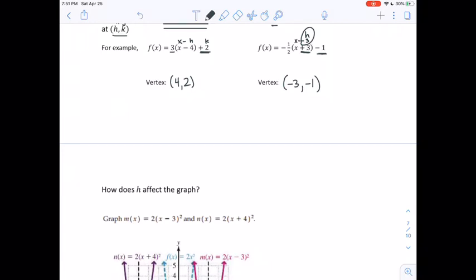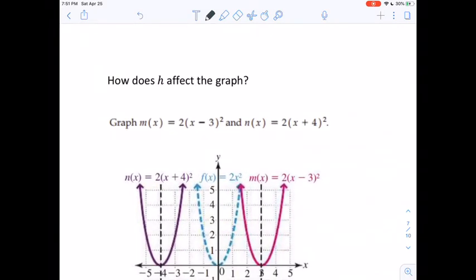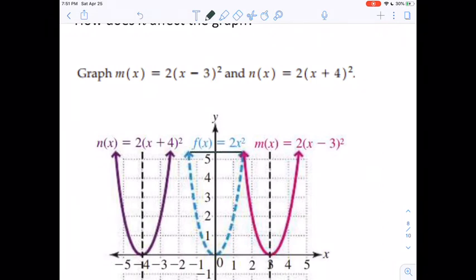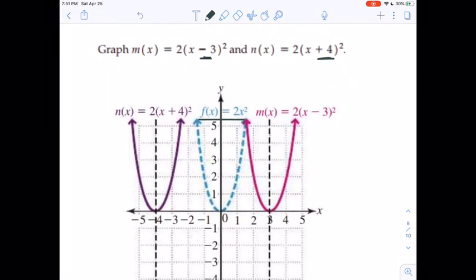Okay, before we get into actually graphing using the vertex form, let's just talk about how h affects your graph. Okay, so let's look at these graphs. We're starting with our base function as 2x squared. If you added to your x or you subtracted from your x, notice what it's doing.